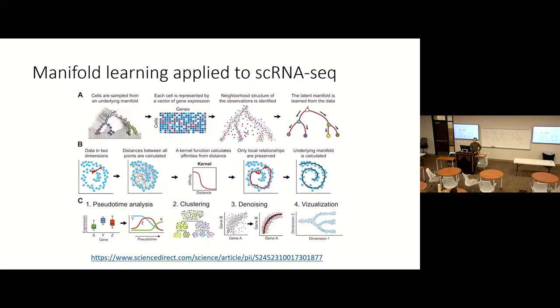So this is a property of the manifold shape that allows you to follow the global structure of your data points, but not by this cross-domain jumping.